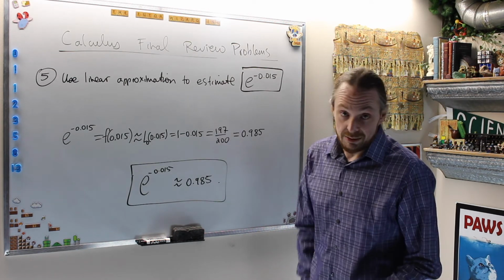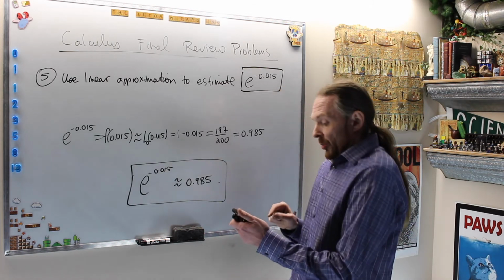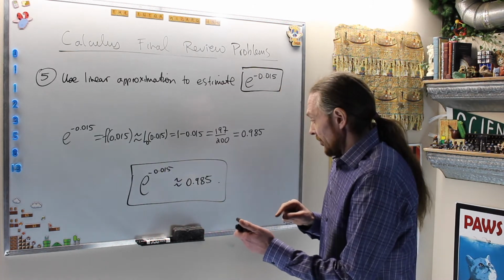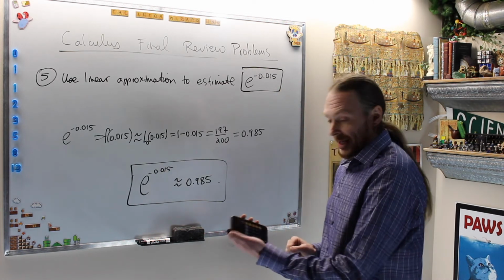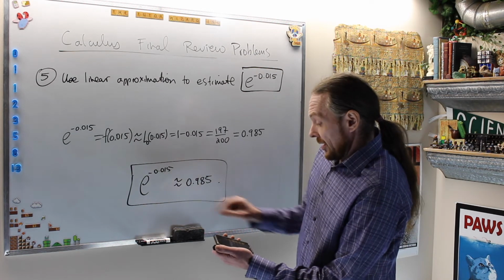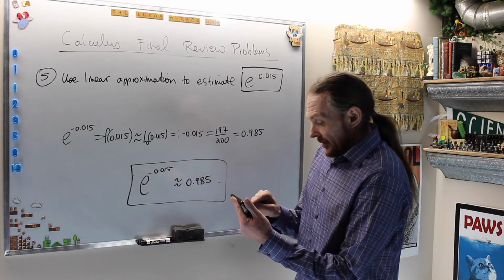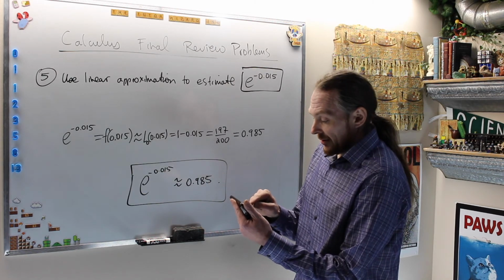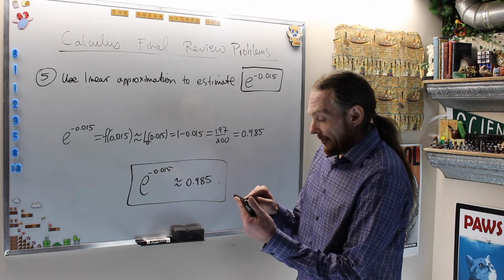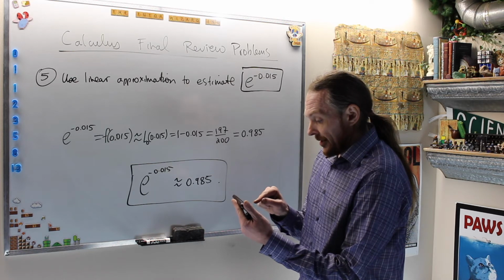Now I really need to check. Get your electronic device out. I've got to be fancy with it. I don't know how to use the calculator. Negative 0.015, then e to the power.